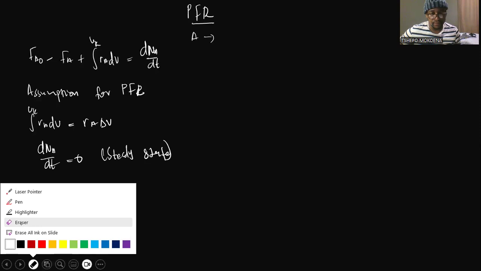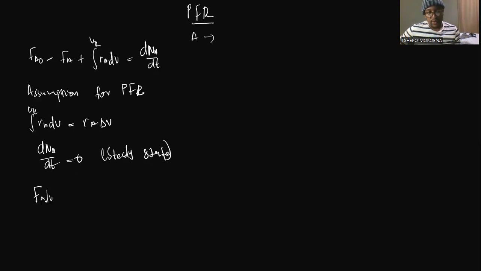So FA at V, subtract FA at V plus ΔV, plus RA ΔV is equal to 0.